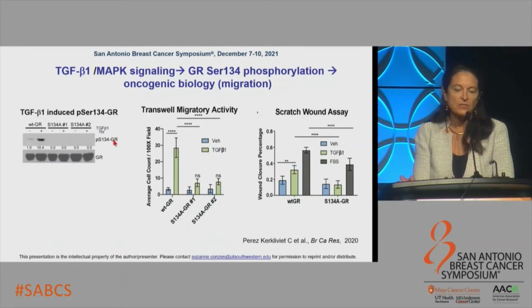This demonstrated that the mutation did not show transwell migratory activity in response to MAP kinase signaling, while the wild type protein of GR did. Similarly, the scratch wound assay showed a wild type increase with the TNF MAP kinase signaling, and there was no change with the mutant serine 134A, suggesting that kinase activity is important in GR activity as well.